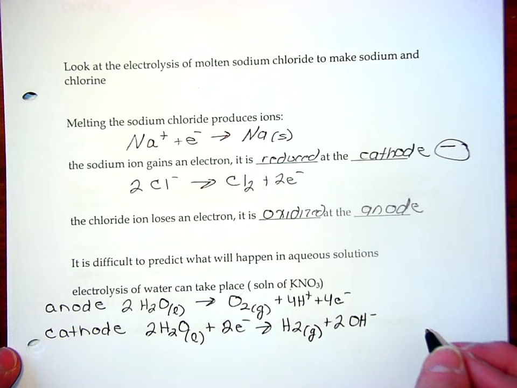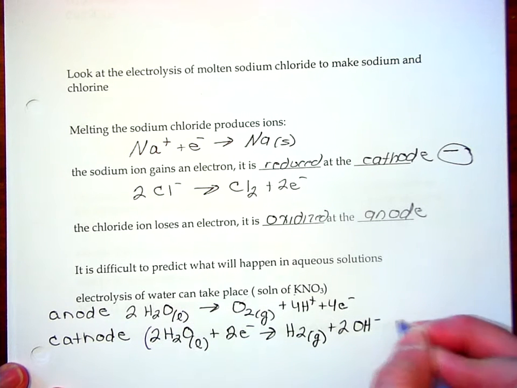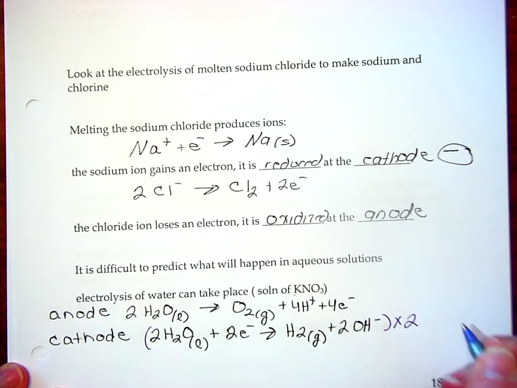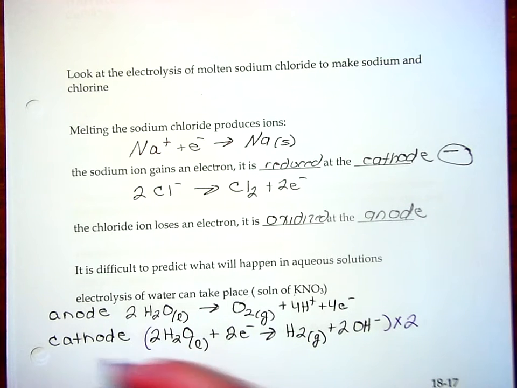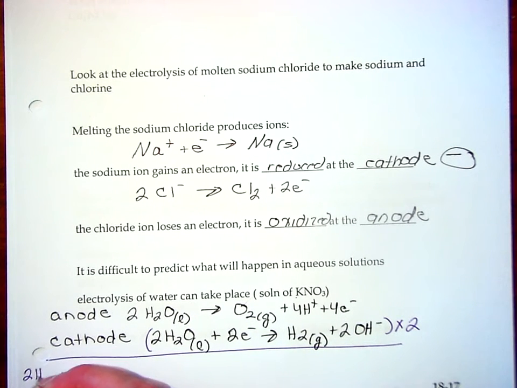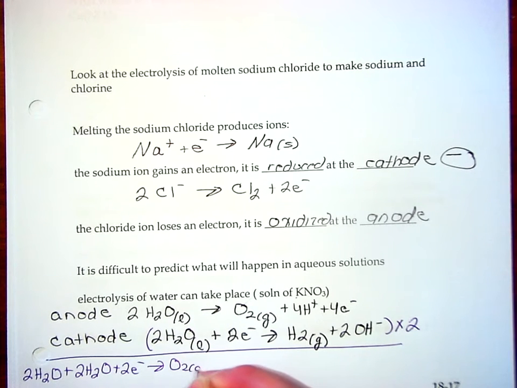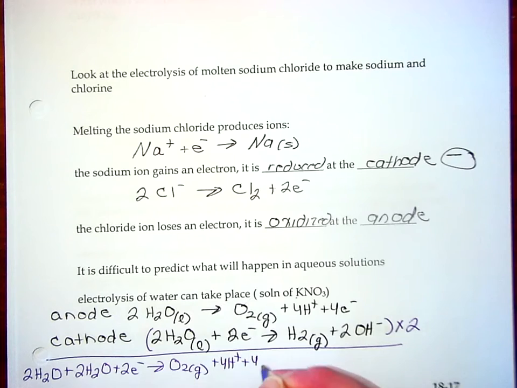Now, if we look at this and we want to add these half reactions together, the top half reaction, the anode half, has 4 electrons, the bottom has only 2 electrons. So I have to multiply this by 2 so I can add them together. And when I do that, I get 2 waters from the top reaction plus 2 waters from the bottom reaction, plus 4 electrons yields oxygen gas plus 4 hydrogen ions plus 4 electrons.